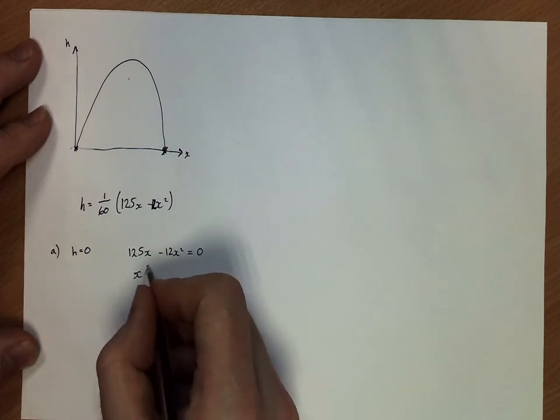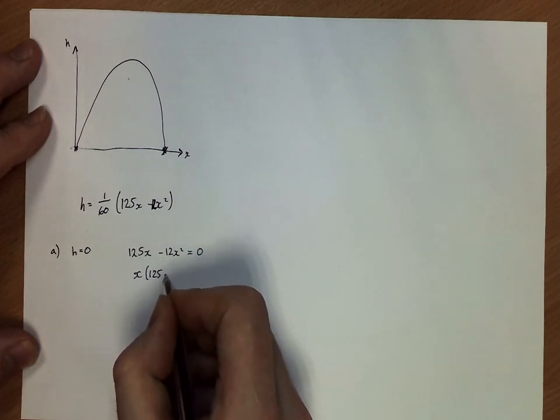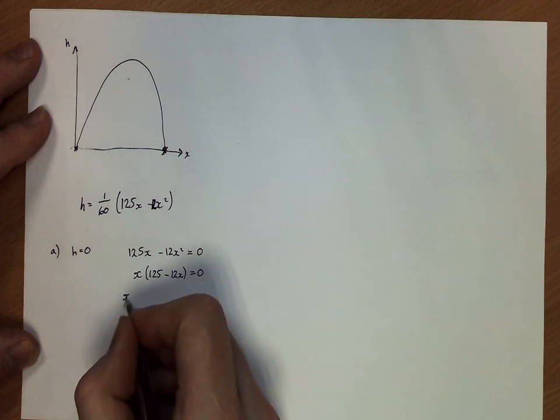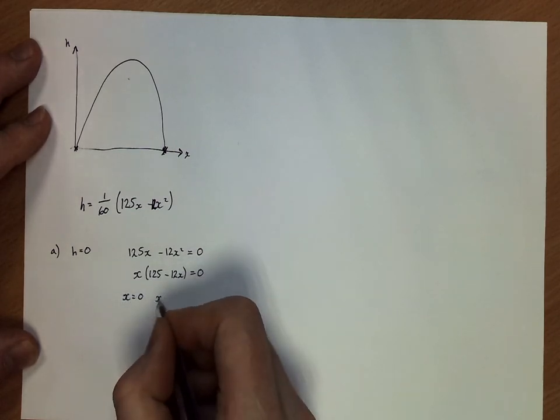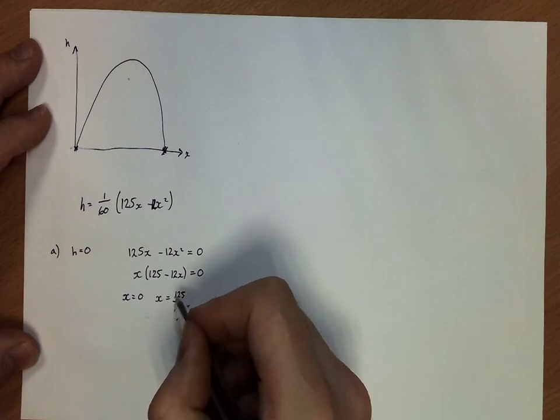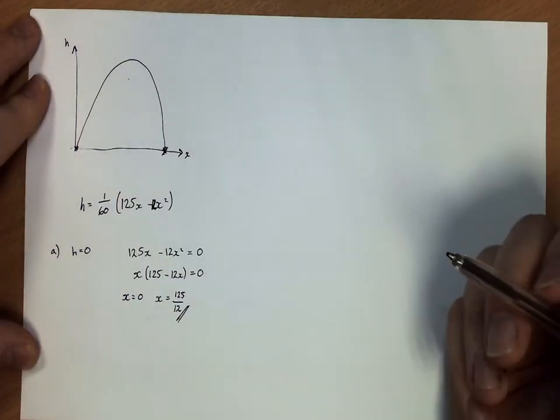So we get x(125 minus 12x) equals 0. So either x equals 0 or x equals 125 over 12. And clearly it's this second answer that we want, because we knew he was standing on the ground to start with.